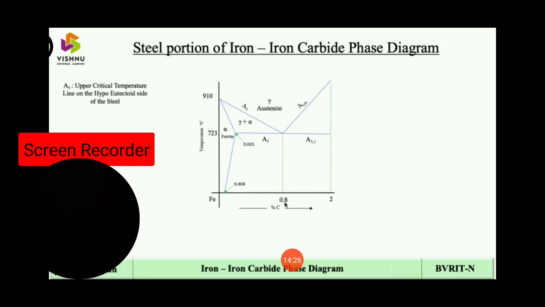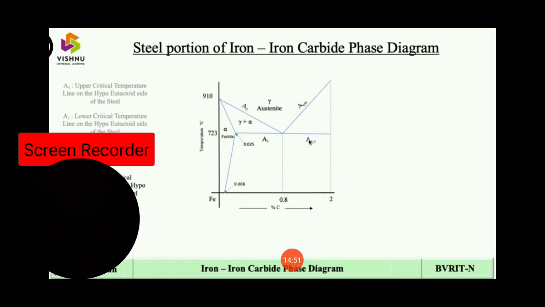So in general, A3 is called the upper critical temperature line on the hypoeutectoid side of the steel, and A1 is the lower critical temperature line on the hypoeutectoid side of the steel. ACM, similar to that, is the upper critical temperature line on the hypereutectoid side of the steel.